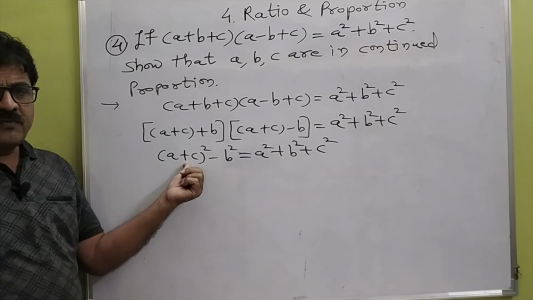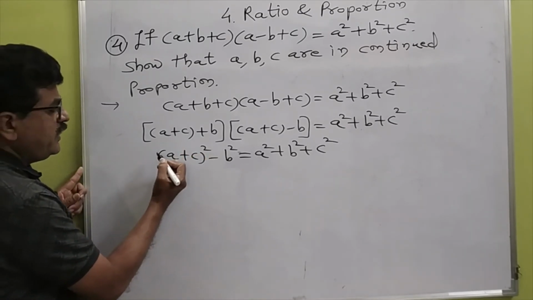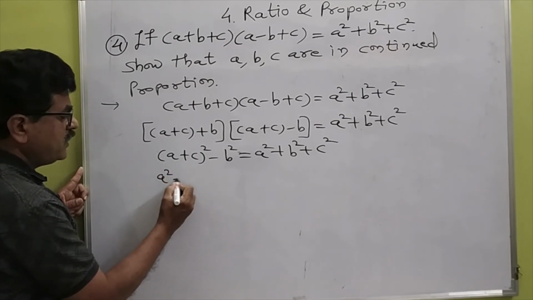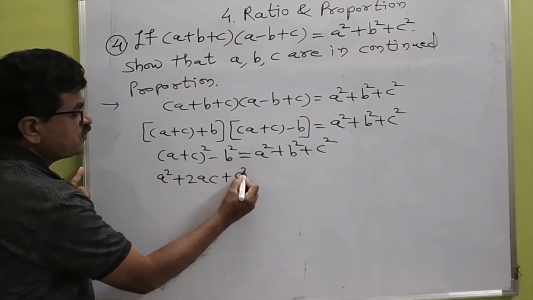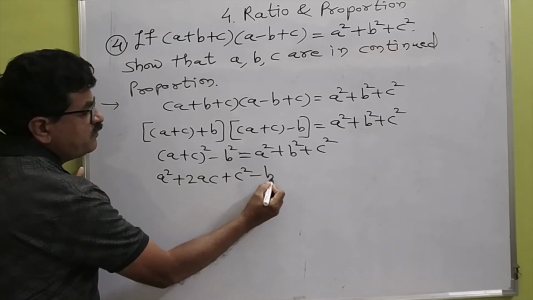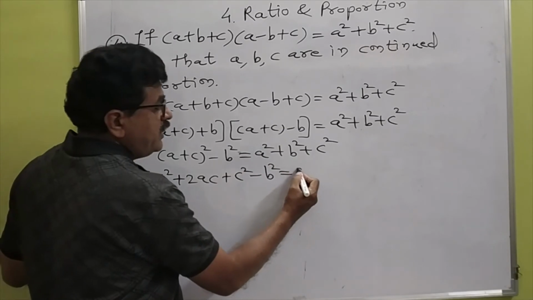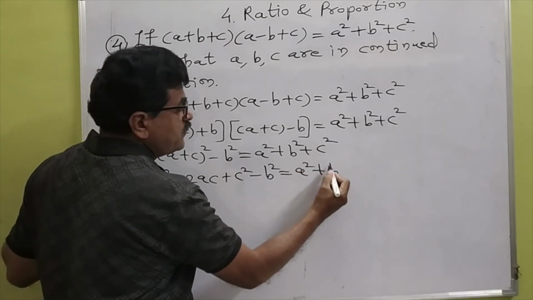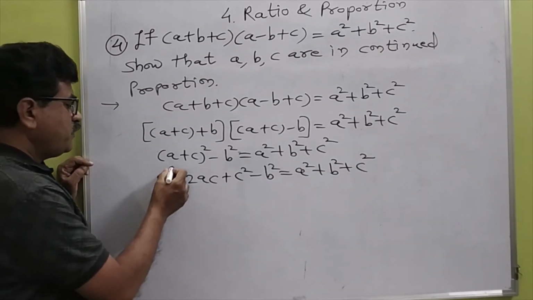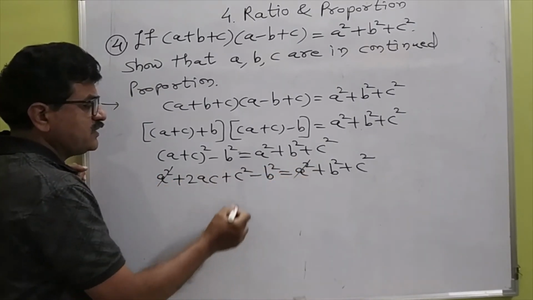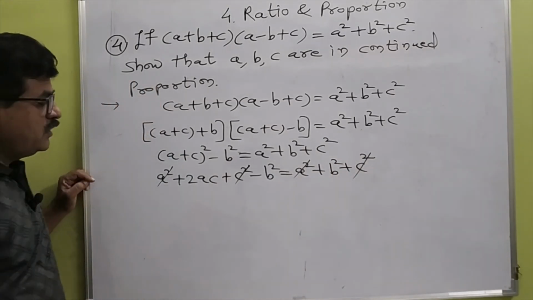Now by using the formula for A plus B whole square, that is A square plus 2AC plus C square minus B square is equal to A square plus B square plus C square. Here A square gets cancelled, C square gets cancelled.